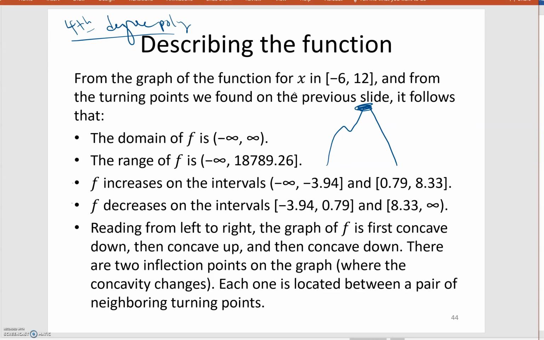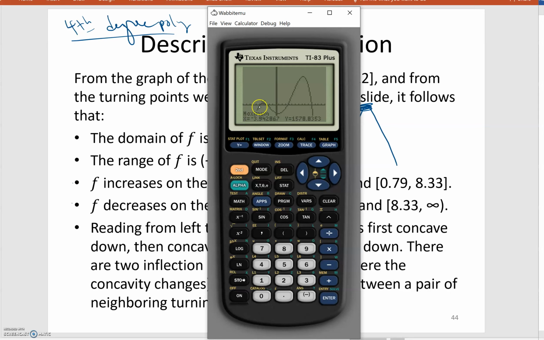We also have more concavity. Let me just go back to the graph. We have an inflection point here and an inflection point here.